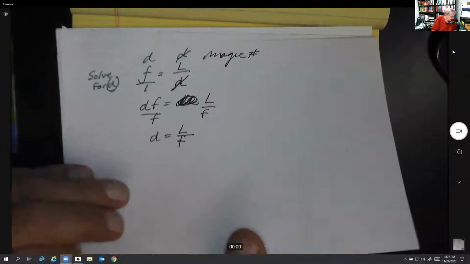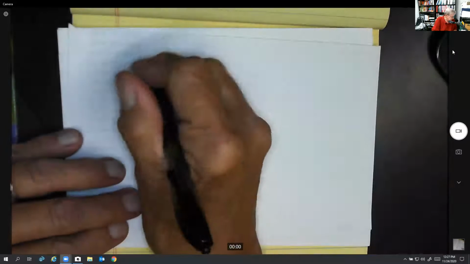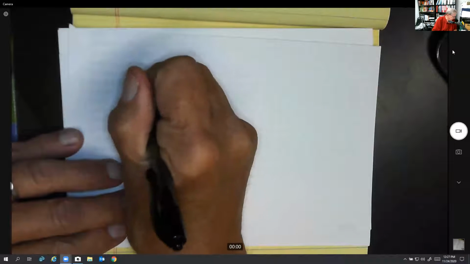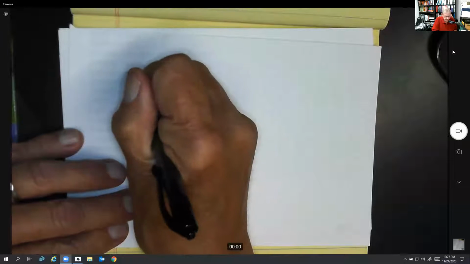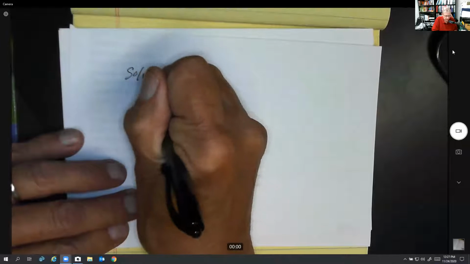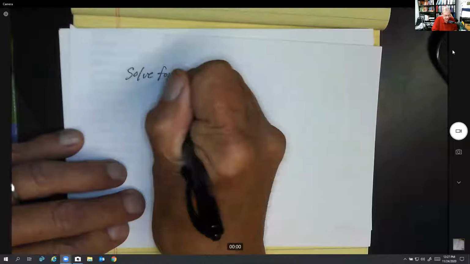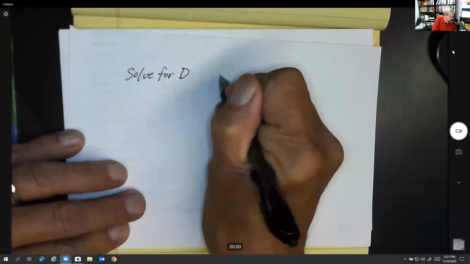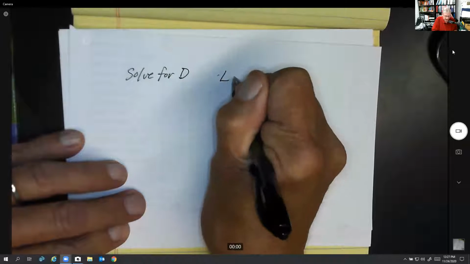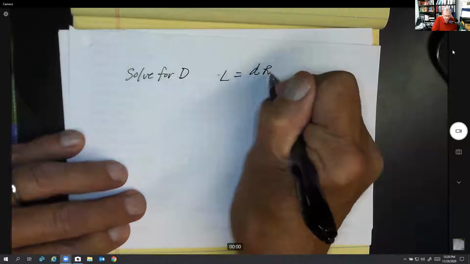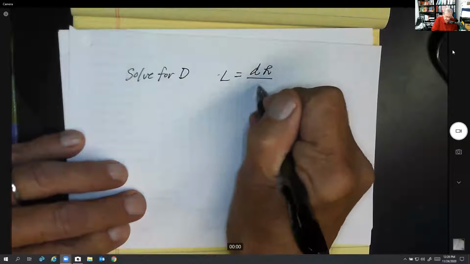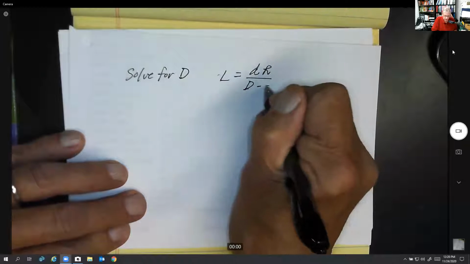All right, let's try one that's a little bit more interesting. What are we going to solve for this one? We're going to solve for capital D. Our equation is L equals small dr, capital R, capital D minus small d.